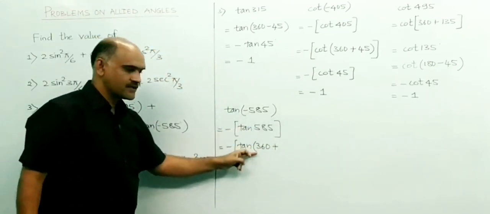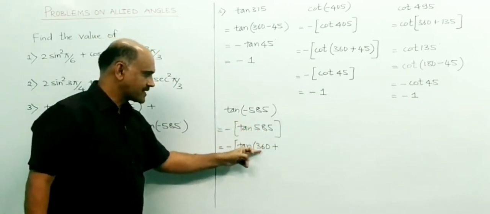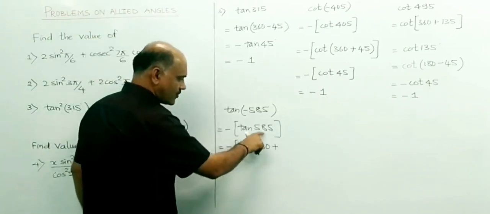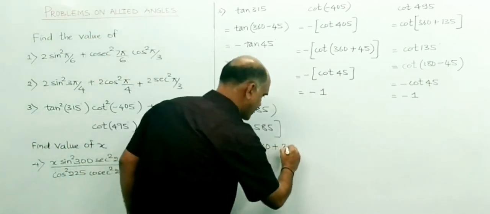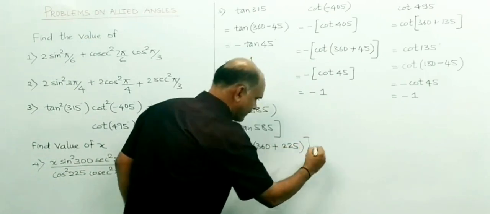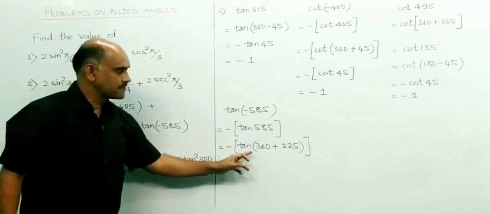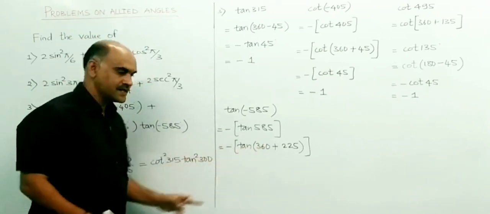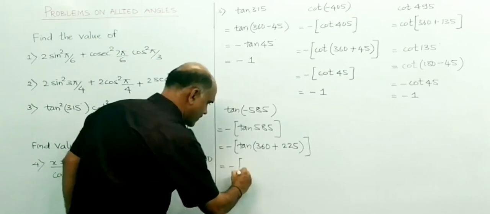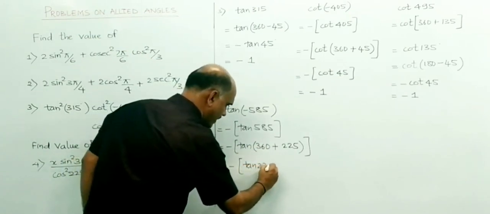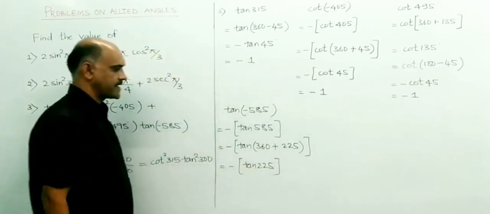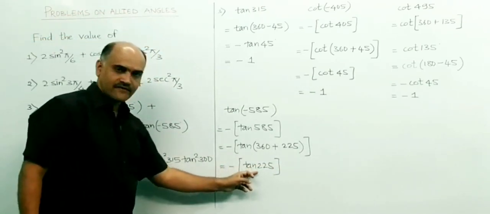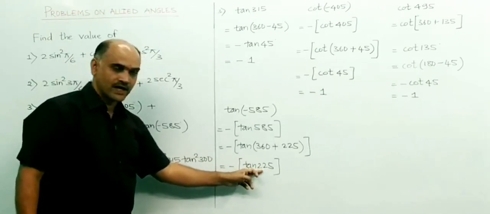How much it is greater you can find. Use a calculator, I'll subtract 360 from 585. So you'll get 225. So tan 360 plus 225. Now again neglect this 360. You will have minus tan 225.